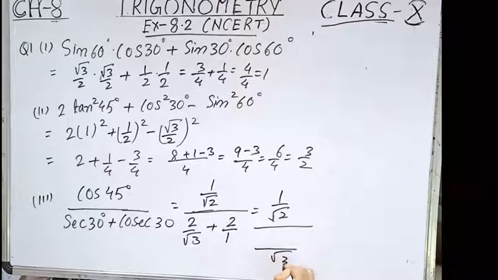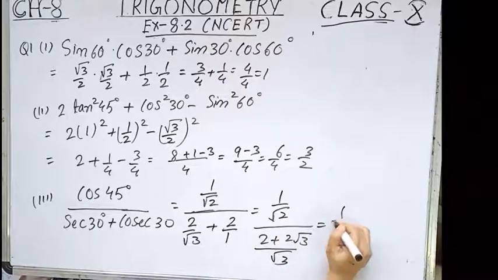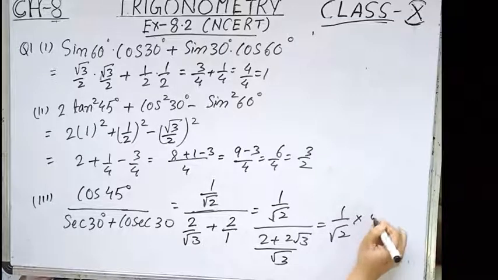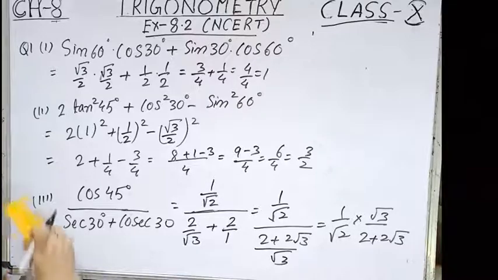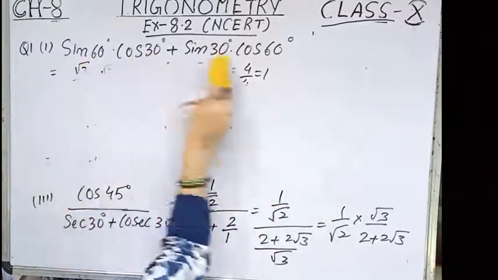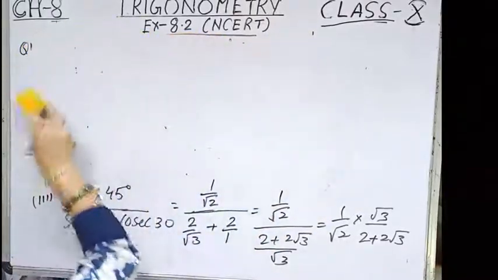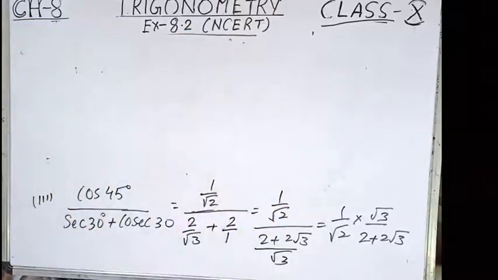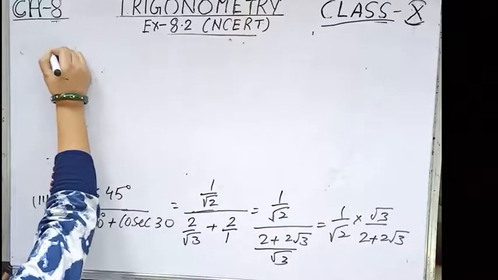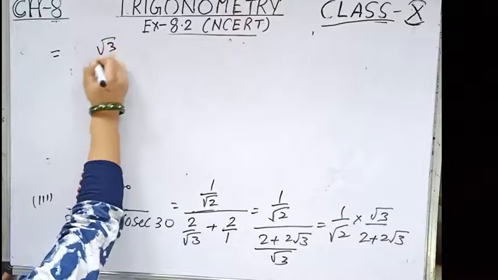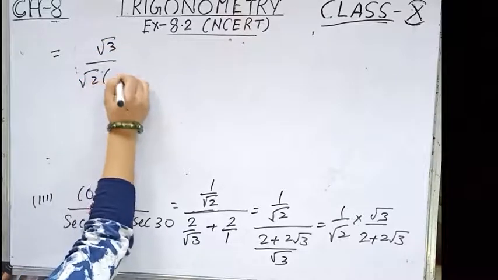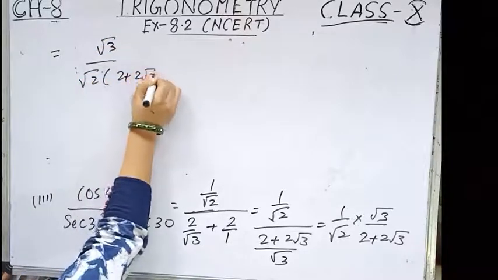over here LCM is root 3. So over here 2 plus 2 root 3. So 1 by root 2 into root 3 by 2 plus 2 root 3. This will be equals to root 3 by root 2 into 2 plus 2 root 3.